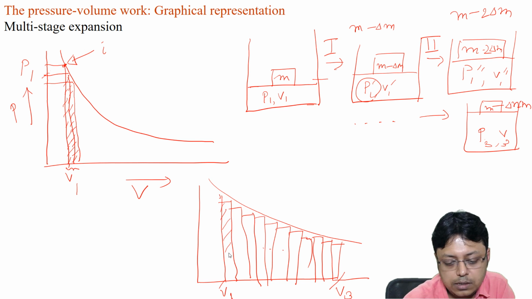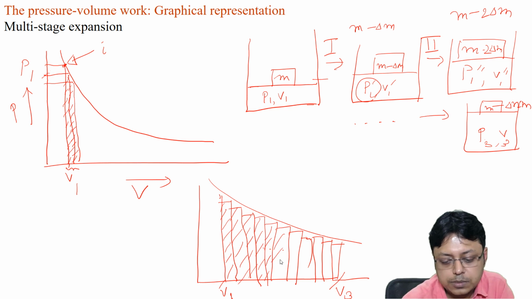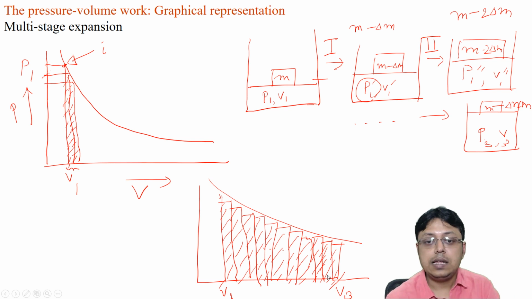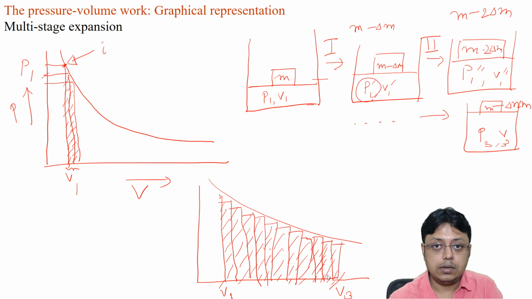So this will be the area under the curve, which means now we have increased the number of steps and got much more work done by the system, which is great. Now this indicates that if we could do it in an infinitely large number of steps, then we'll get the maximum work. What will be the mathematical expression for this work?